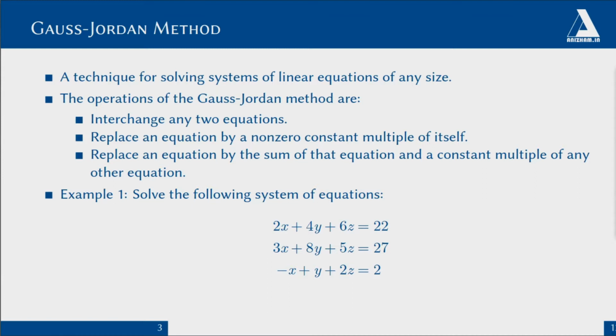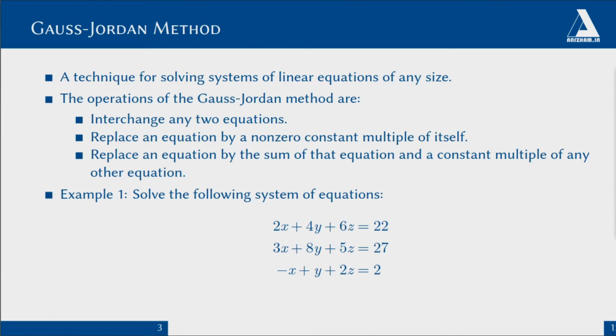Now, we will explain these steps using an example. We consider this particular example, which contains 3 variables and 3 equations. The basic condition to get a unique solution is that the system should contain as many equations as the number of variables.